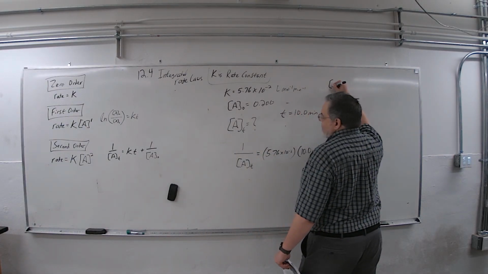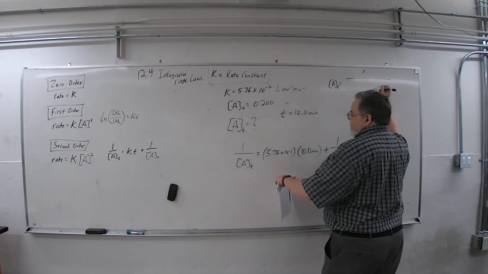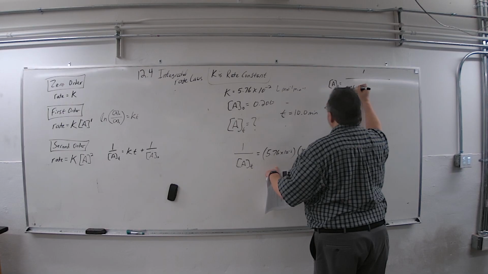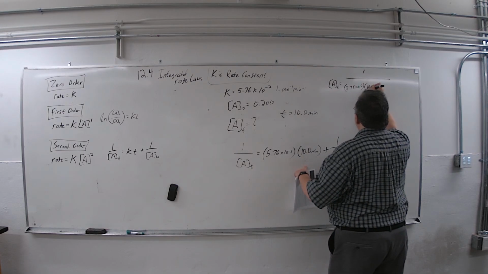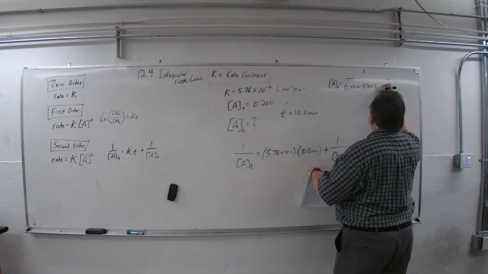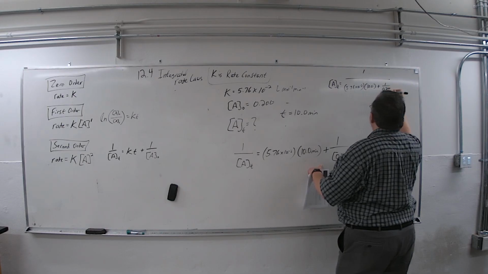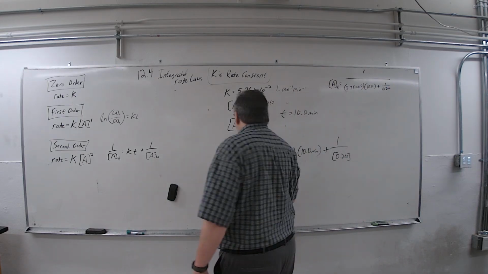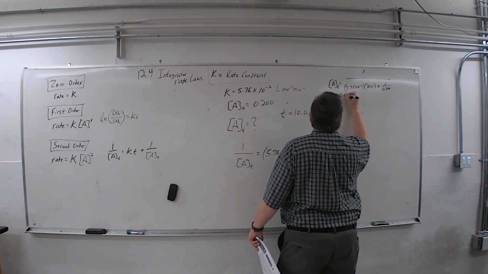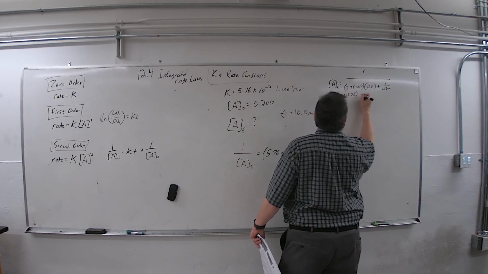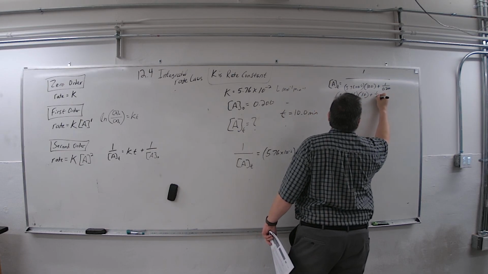Concentration equals... over... The units off. Times 10 is 1 over 0.2.